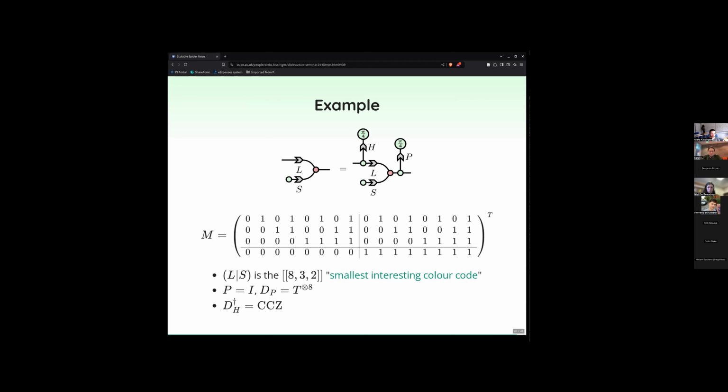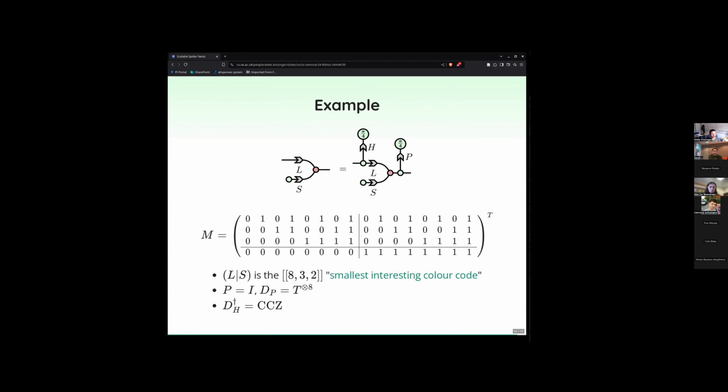But now I've got a much more interesting H part, which is actually all of the parities on 3 qubits, which is the same as a CCZ. Okay, so this says that doing a T on all of my physical qubits is the same as doing a CCZ on my 3 encoded logical qubits. Okay, so you can read all of this stuff off of this single matrix.